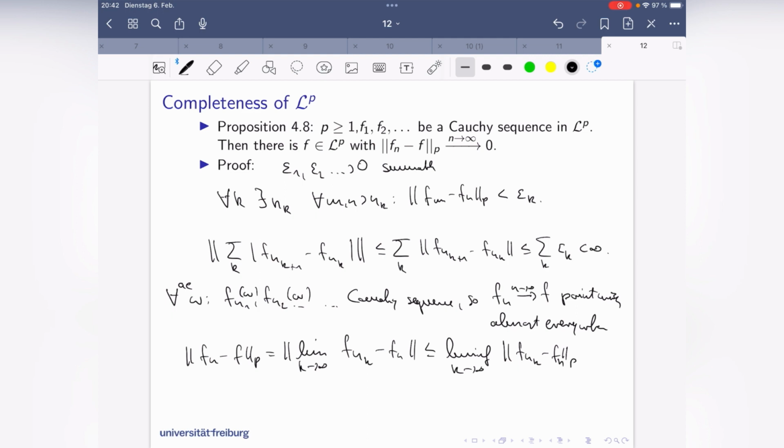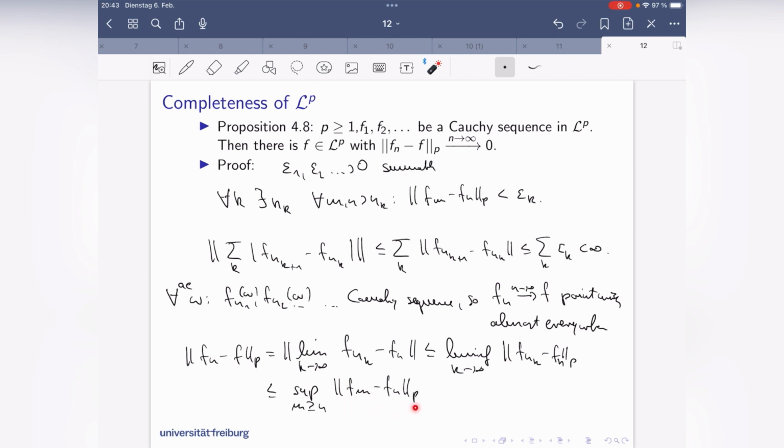And this is smaller or equal than the supremum of the p norm of fm minus fn, m bigger or equal to n. The nk will, without loss of generality, be bigger than the n. So I make this bigger by using all possible fm's here.